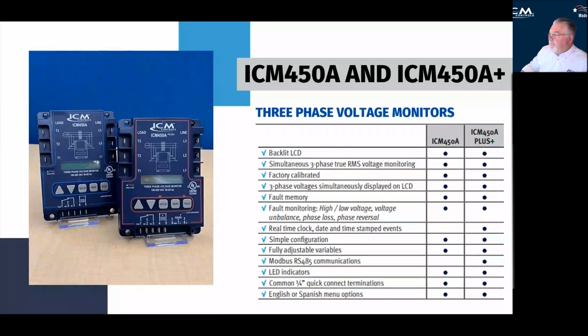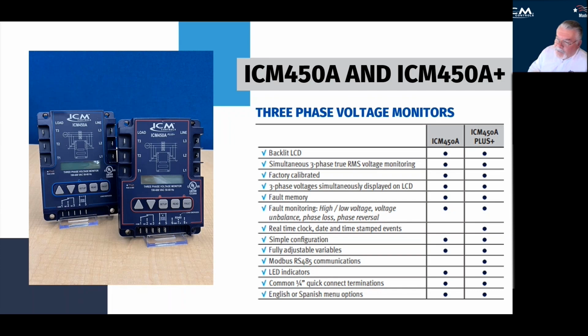And here are some of the features. The ICM450 and 450A Plus have only a couple of feature differences with the Plus, but it's necessary in some cases. They both have a nice lighted backlit display, and simultaneous three-phase true RMS voltage monitoring on both models, all factory calibrated.